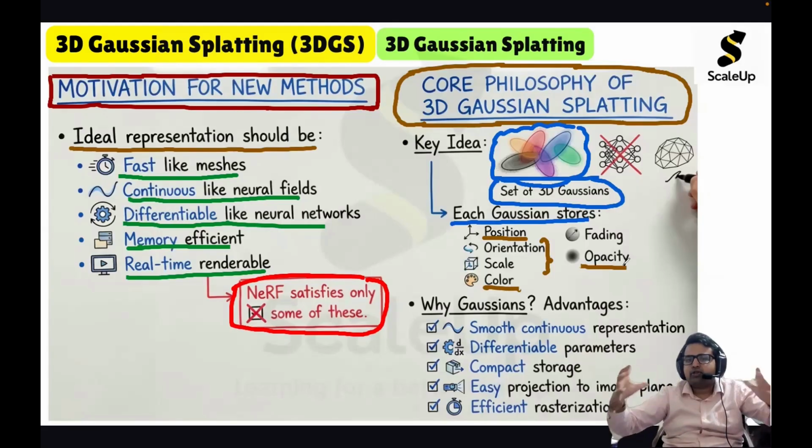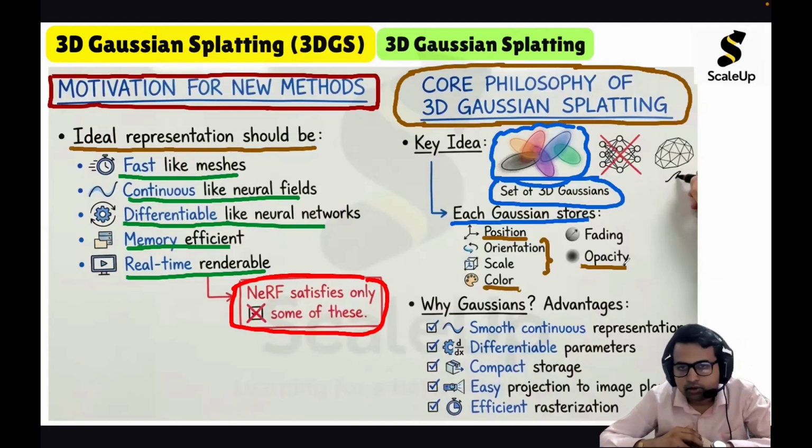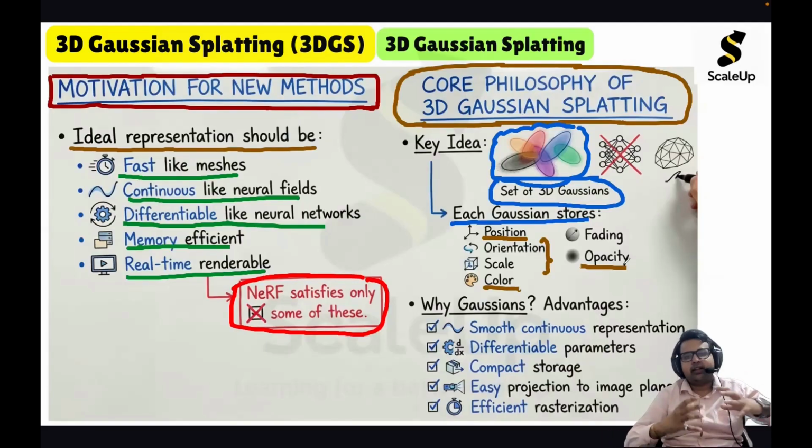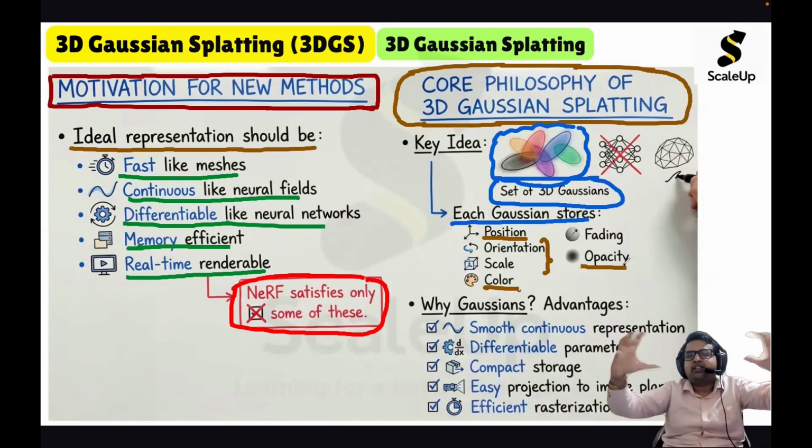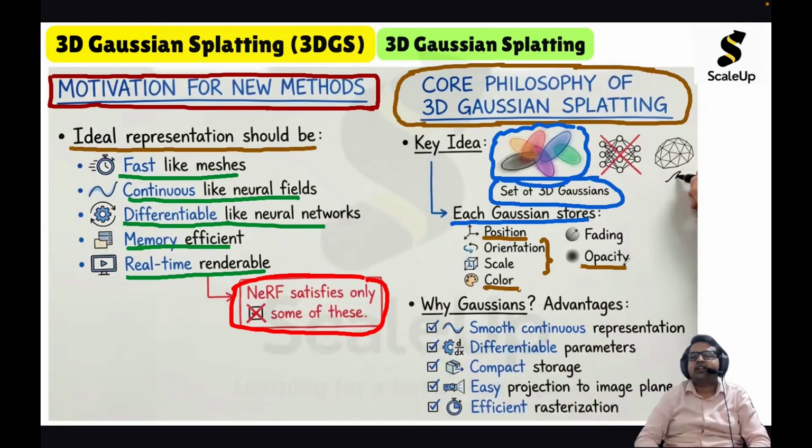And like that, we have millions of splats. Mathematically, we are making use of a matrix or some data structure containing the information of all these splats, and it will contain millions of records, because every row can correspond to one splat. And that million-record data structure is representing a 3D scene.